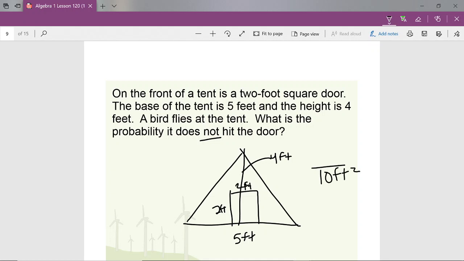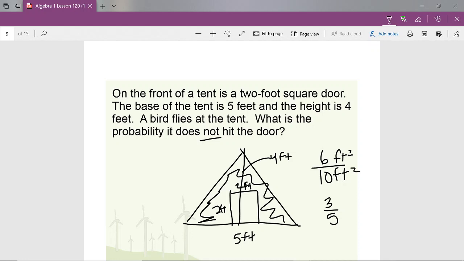We want to know what the probability is that it does not hit the door, so once again we want the area outside of this door. Well, how big is the door? The door is 4 square feet. So what's left over is 6 square feet, meaning that the probability of the bird not hitting the door is 3/5. 3/5 probability of not hitting the door of the tent.